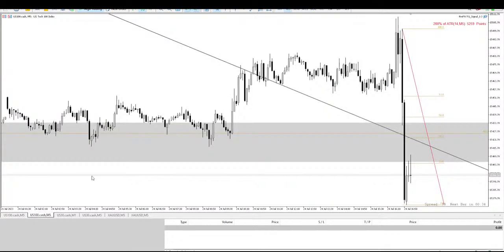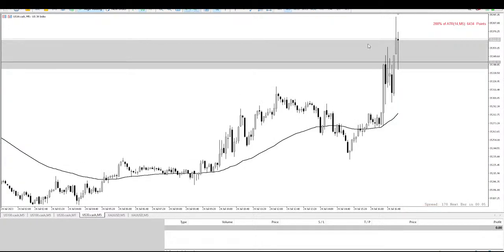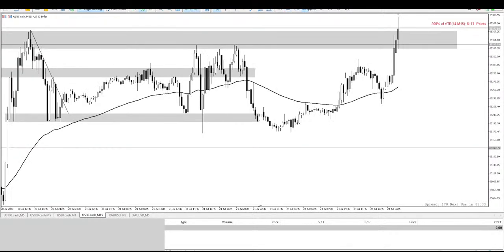Fib 50 on the NAS. Yeah, I would have loved a retracement up to around the 50 area. Let's see.